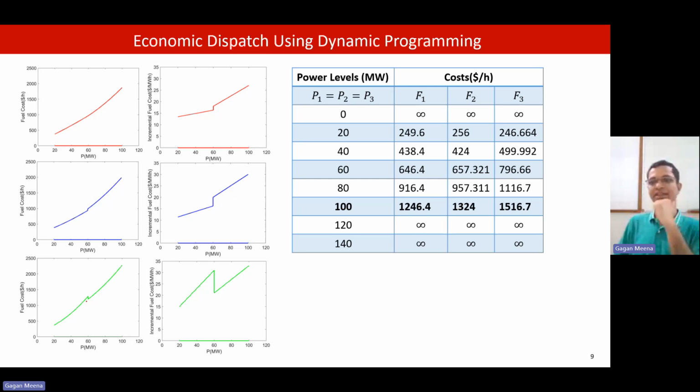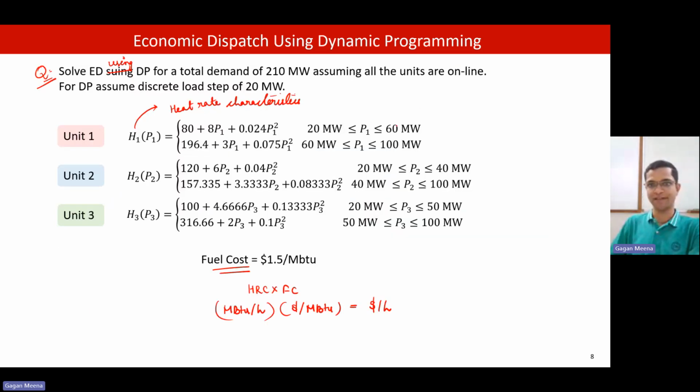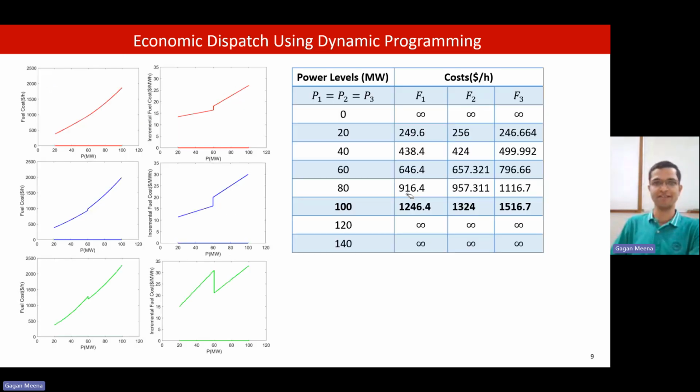There is a small mistake which I have made. I will rectify it. Just by seeing this graph, I have come to know that this is 60. Here the point of interchange is 40, and here it is 50. But for all three I have taken it as 60. It should have been 40, and the change should have happened here at 40, and this at 50. I will update it.